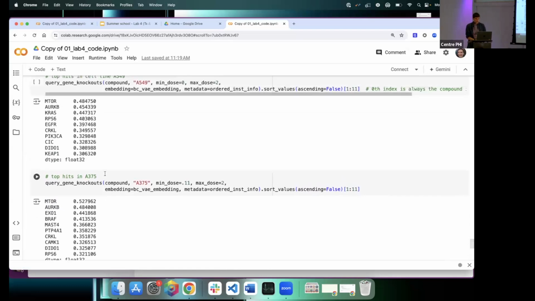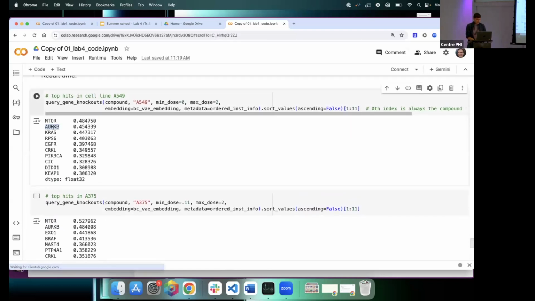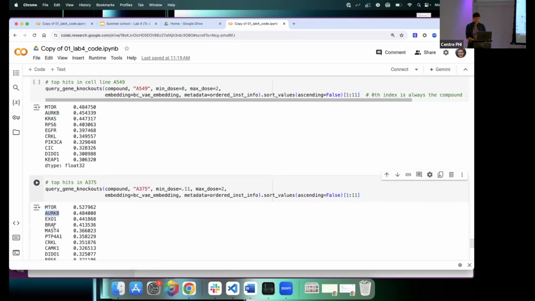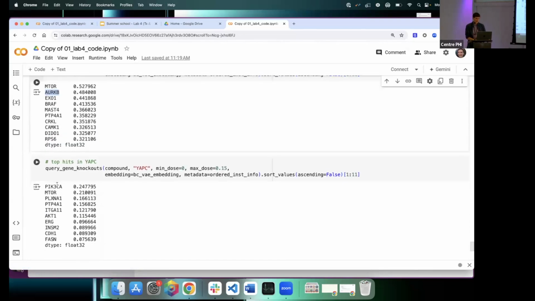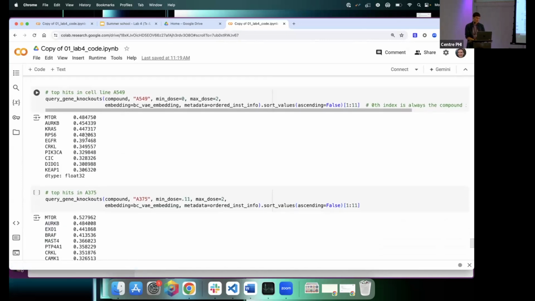We also get some other recurring high hits, like the RKB, and this PIK3CA is on a lot of the lists. And these can be many things. It could be an off-target effect, another protein that is inhibited by the drug.